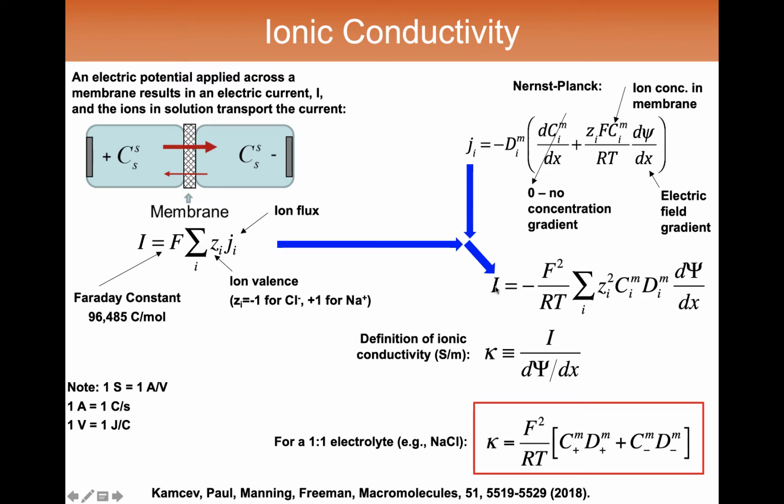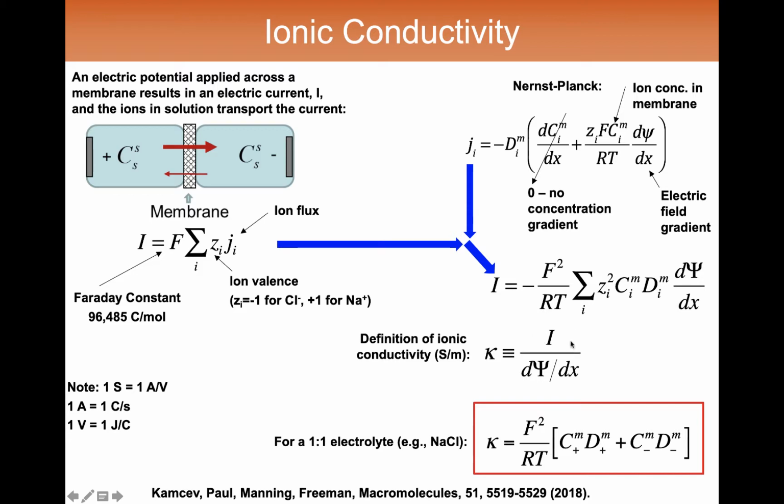We can derive the expression that is shown here for current in terms of the electric field gradient, square of the valence, concentration of each ion in the membrane, and its diffusion coefficient. The definition of the ionic conductivity, which is what one generally measures in this experiment, is the ion current.